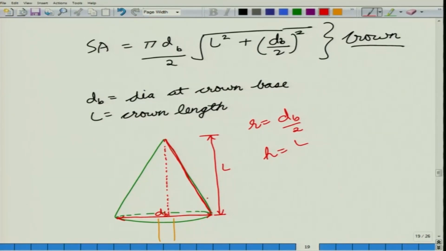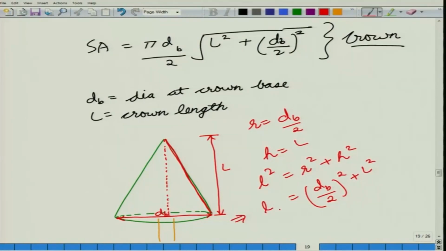surface length? By using our equations for a cone, we have l square is equal to r square plus h square, which is (dB by 2) square plus L square. So we'll get that your small l is the square root of this portion.